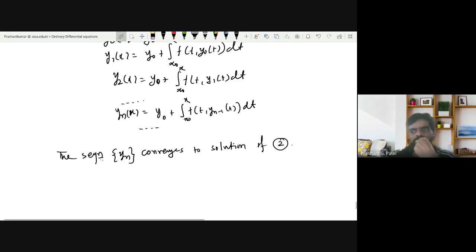This y_n(x) is the nth partial sum of the series of functions we are defining.